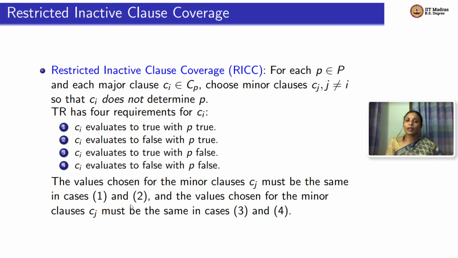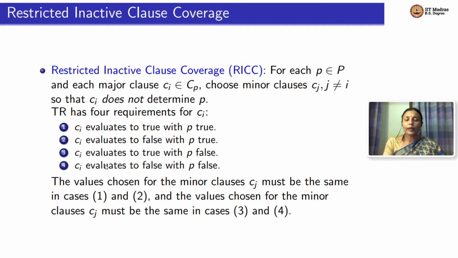And we define restricted ICC where we say when the predicate becomes true, the minor clauses take the same value, and when the predicate becomes false, the minor clauses again take the same value. This is clear? So, this was about the kind of active clause and inactive clause coverage criteria that we can see. We are more or less done with looking at the exhaustive list of logical coverage criteria.